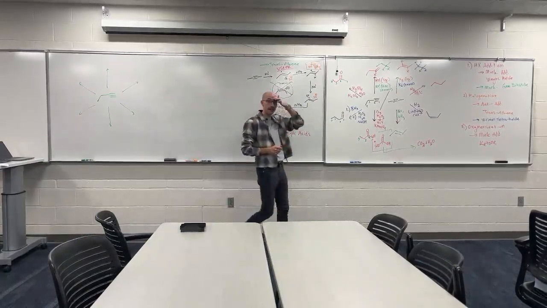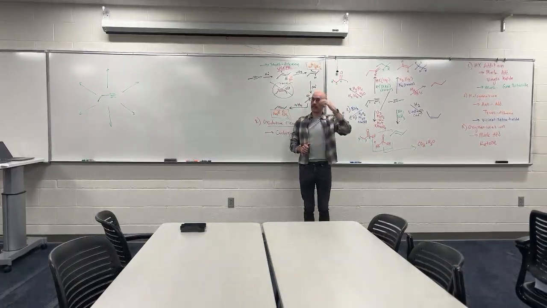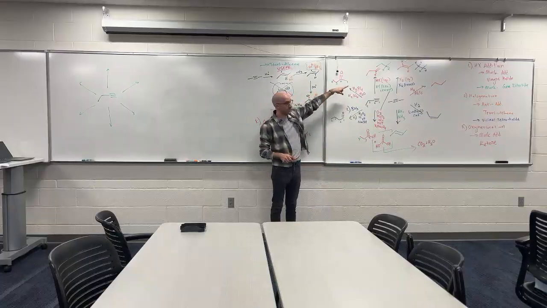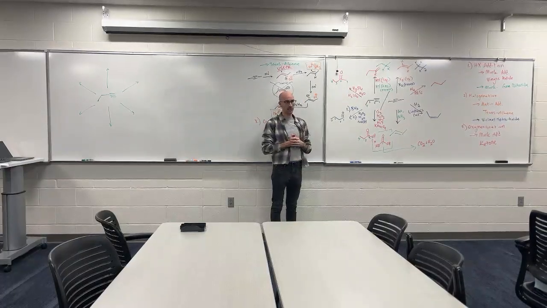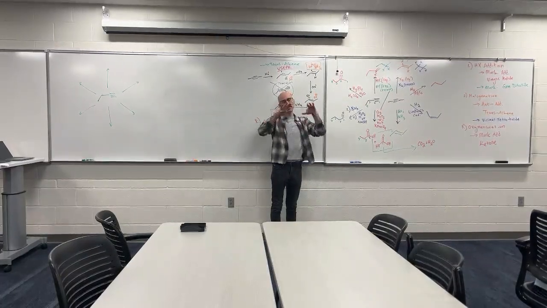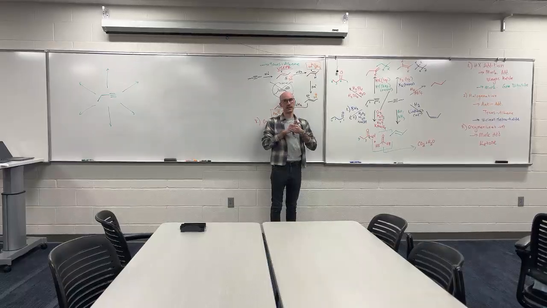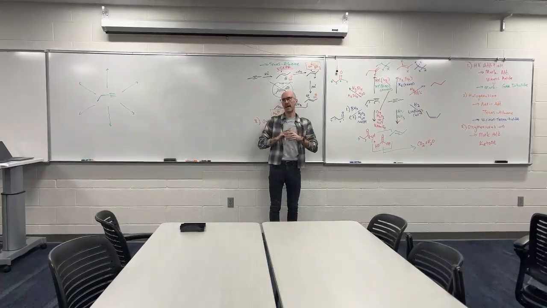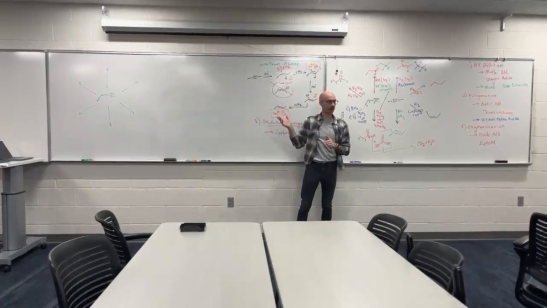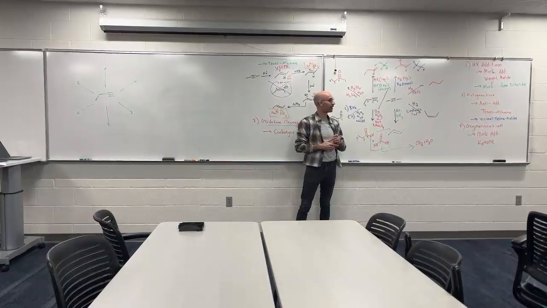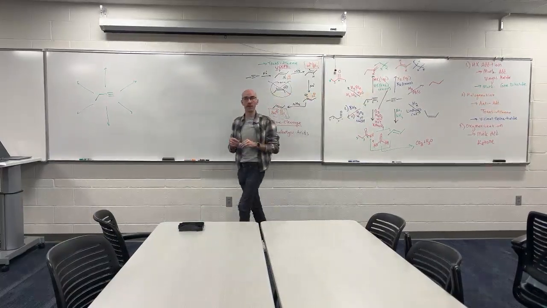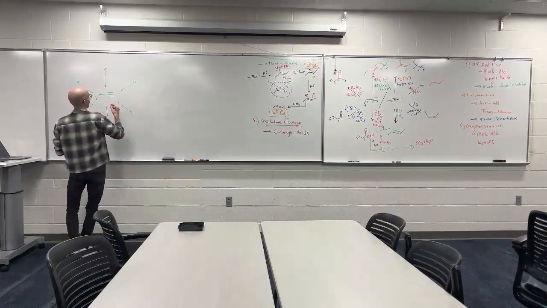The first one I want to introduce is actually an anti-Markovnikov HX addition reaction. The reason this is getting brought up now is because now we have some knowledge about radicals. And we're talking about radicals again. And the anti-Markovnikov HX addition is a radical reaction.